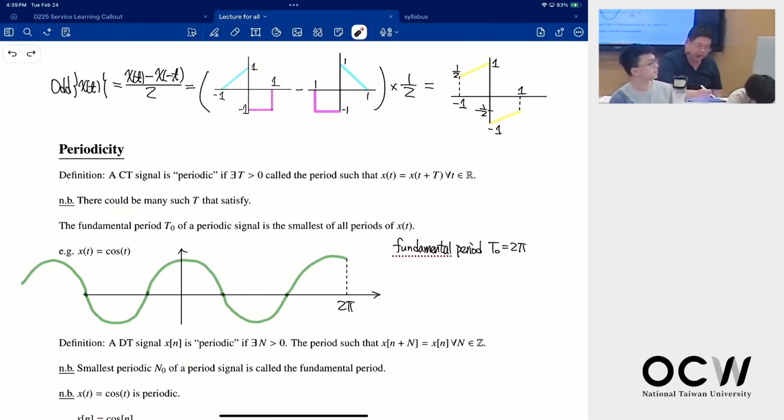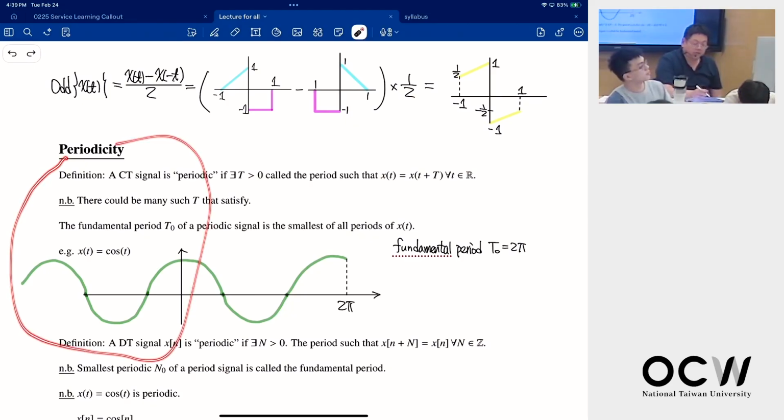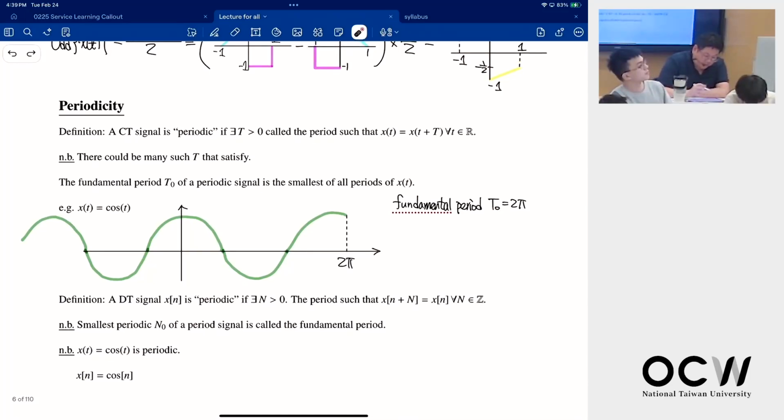This is the case for continuous time signal. How about the discrete time signal? Let's see. We also have a definition for the discrete time signal. We say that the signal is periodic if there exists a capital N greater than 0 such that if I shift by N, I get the same signal again.